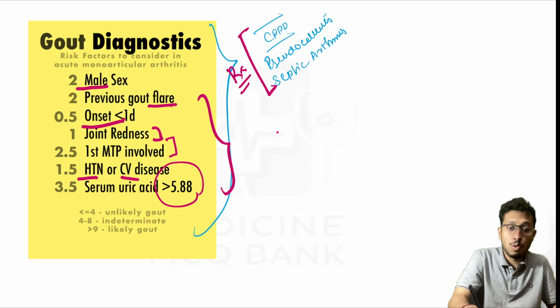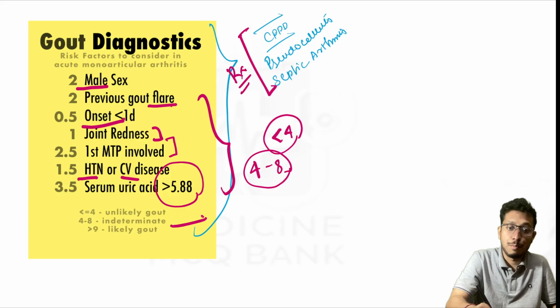Together, if the score is less than 4, gout is unlikely. 4 to 8 is indeterminate, and if the score is more than or equal to 8, gout is likely and you straight away go ahead with treatment, right?